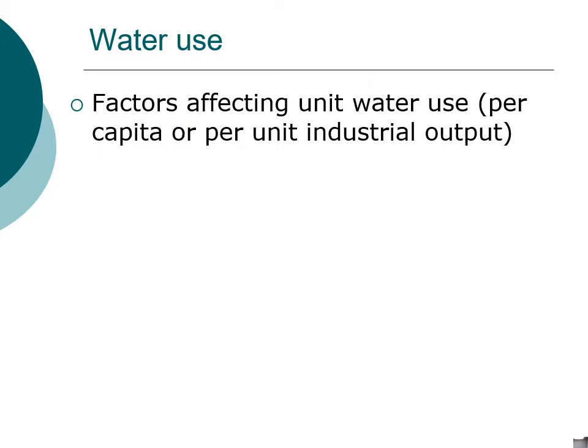So let's look at some of the factors that affect water usage. Major factor is climate. You'll see in the table on the next page that water consumption in the northern states and the Midwest is significantly less than in the Southwest.